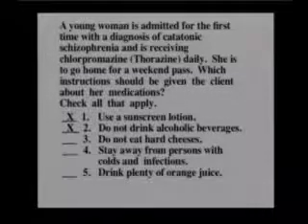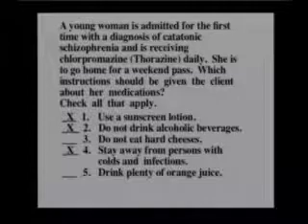Is it necessary to stay away from persons with colds and infections? Yes, because they're very prone to agranulocytosis. Is it necessary to drink plenty of orange juice? No. This is not a potassium depleting drug, so orange juice isn't particularly necessary. So you would check answers number 1, 2, and 4.